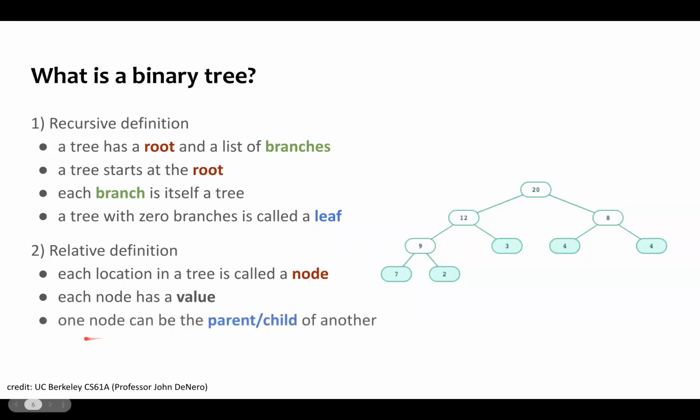And one node can be the parent or child of another. It is similar to the recursive definition. Each branch is itself a tree. And the top node, we call the root node. So this is the relative definition. Either of the definitions is okay.